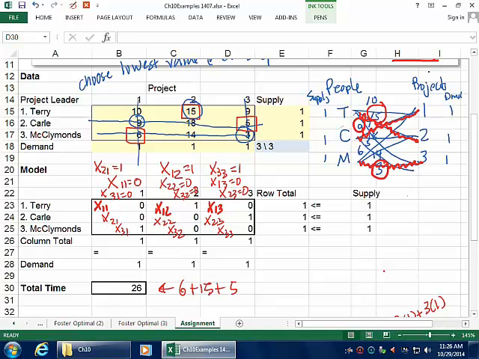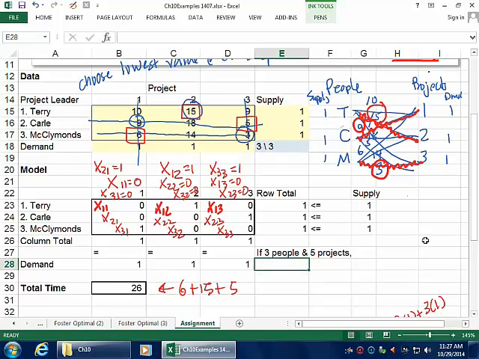Now, if the numbers didn't match up, if you had more people than you need, or more jobs than you had people, you would do it the same way as the transportation problem. So if you had, for instance, 3 people and 5 projects, then you would just need to create dummy people.